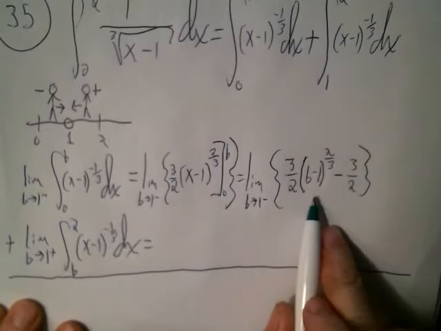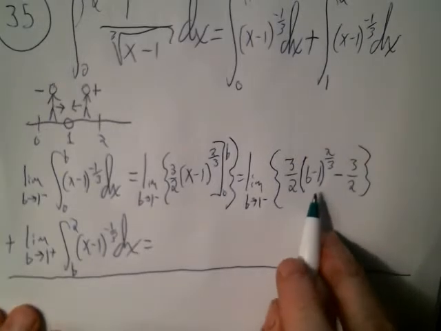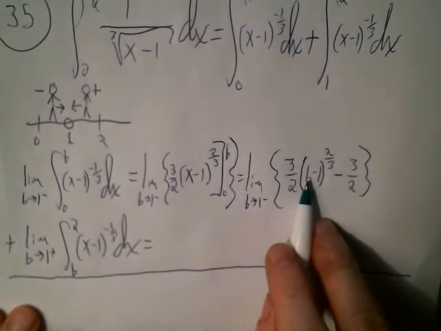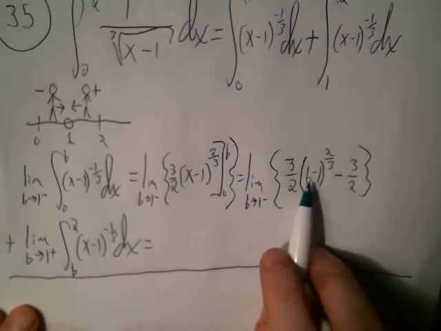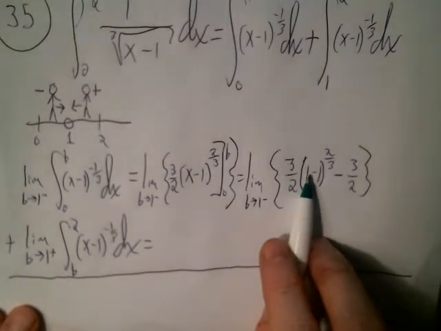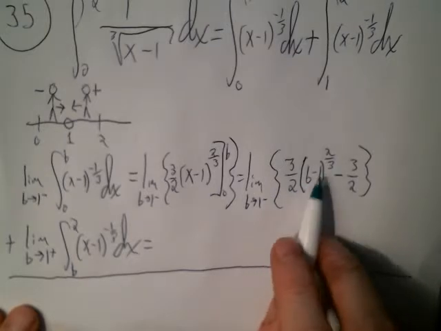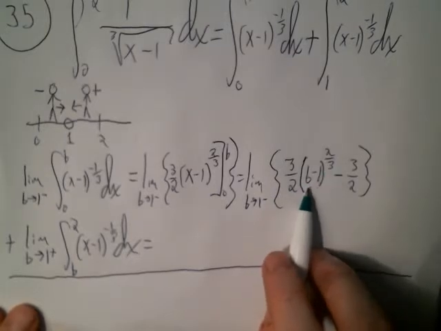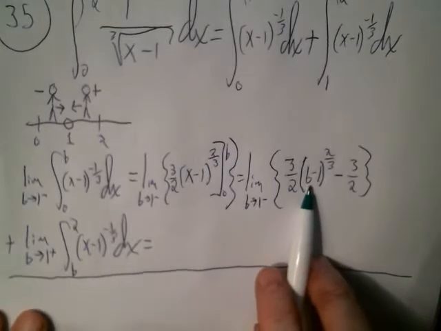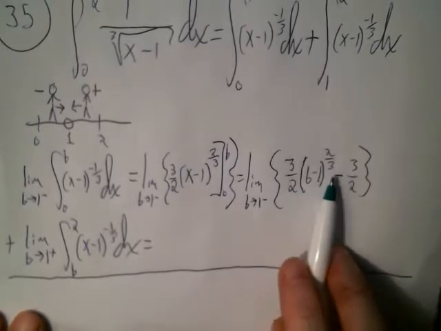Okay. This thing is going to go to infinity. So you can imagine putting in numbers like 101, so 101 minus 1 is 100 to the 2/3. Sorry, I just had a brain malfunction. 1001 minus 1 to the 2/3.